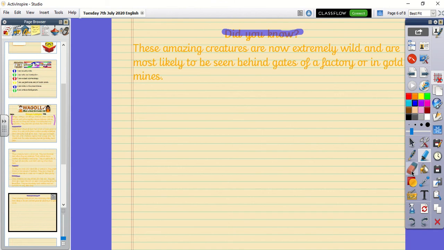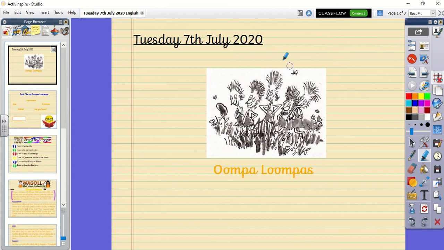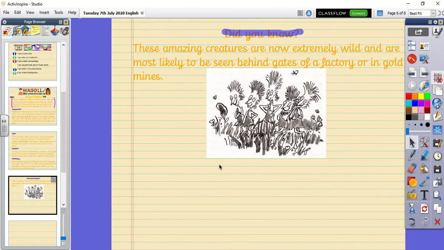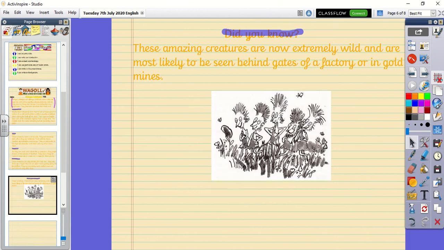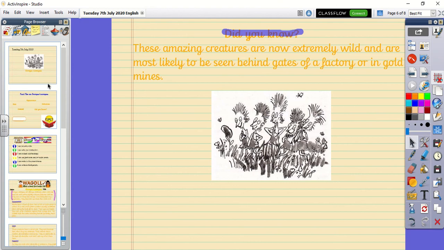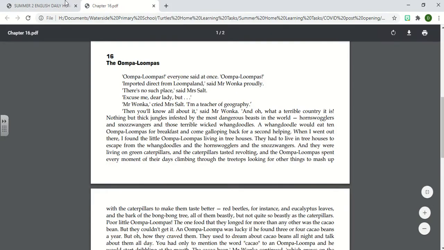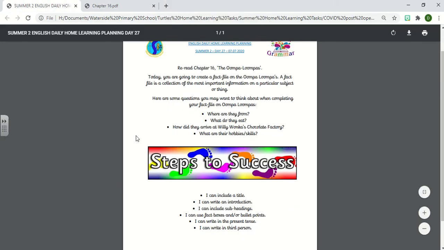Your fact file, you can include a picture of the Oompa Loompa. I've included a picture here. If I wanted to, I could just move that to the end of my fact file, and there you go. Remember, you are writing a fact file today about the Oompa Loompas.